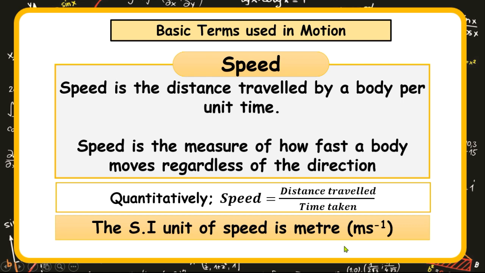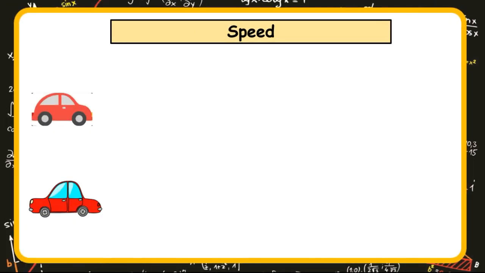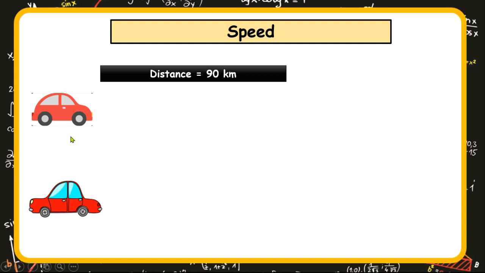Now let me explain speed for you in this scenario. You have two vehicles and each of them is supposed to cover a distance of 90 kilometers. It means they are all starting from a common point and they terminate and end at the same point.